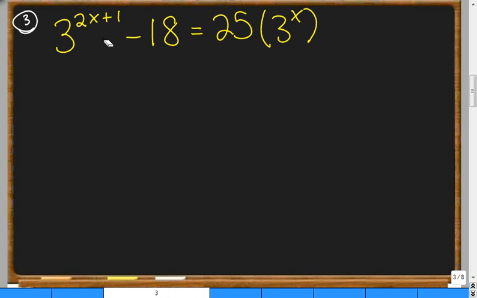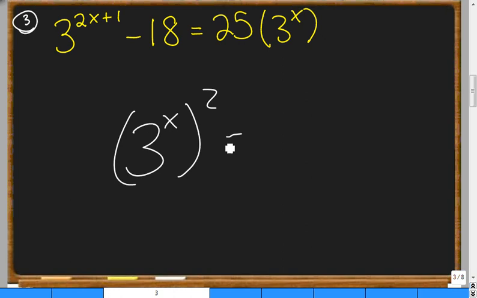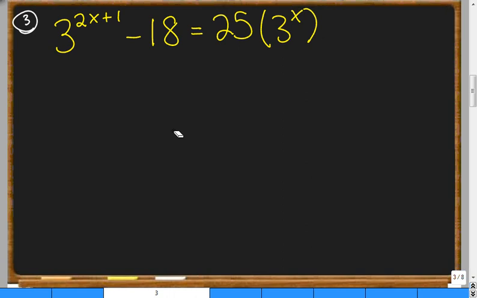We can think of this very quadratically because, if you had, let's say, 3 to the x, if this was squared, that's the same thing as 3 to the 2x. Okay, so we are going to use this process of using a quadratic to help us solve this.